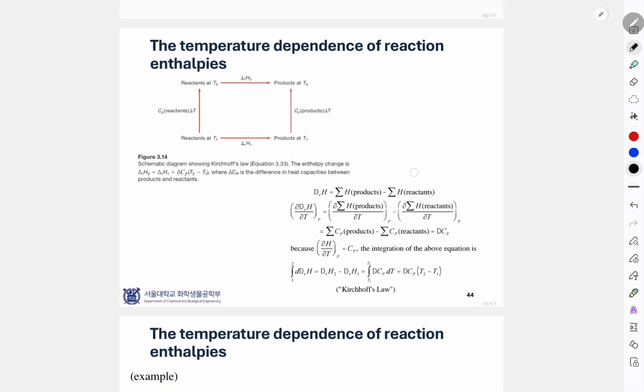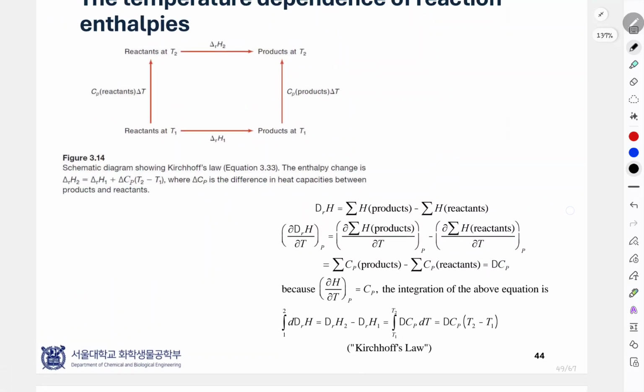Or we can see this with this schematic, that is Kirchhoff's law, which is the result of taking the reaction at T2 and breaking it into 3 steps here. So as I mentioned, we would like to know this reaction enthalpy at T2.